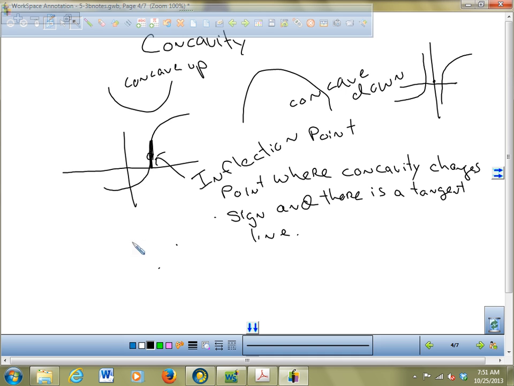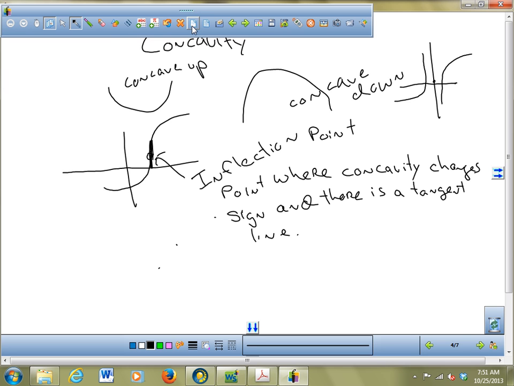Okay, some tests to tell if it's concave up or concave down. It's also where the derivative is increasing or decreasing, which means that the second derivative is positive or negative.